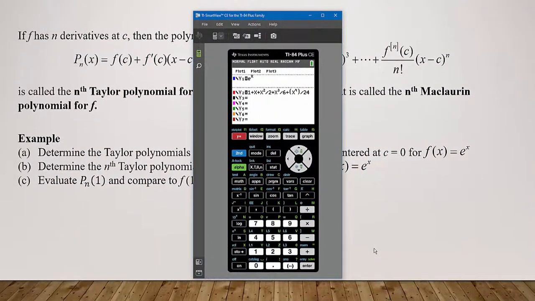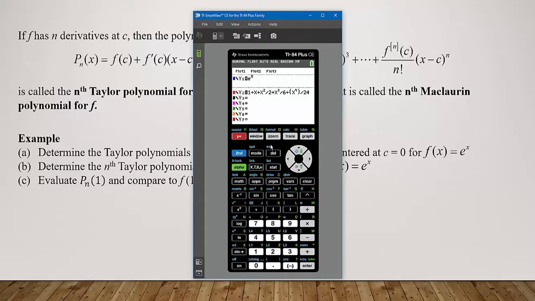All right, folks, after all that work there at the chalkboard, here's the one more thing I thought we would do. I thought we would look at the graph of the function e to the x. So I put that into y sub 1. And in y sub 2, I've put the Taylor polynomial of order 4 for e to the x. That was 1 plus x plus x squared over 2 plus x cubed over 6, 3 factorial is 6, plus x to the 4th over 24, 4 factorial is 24.